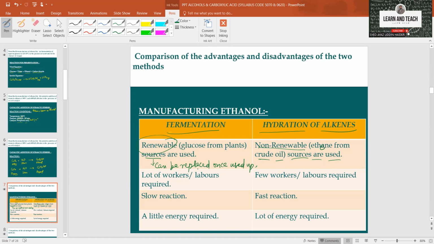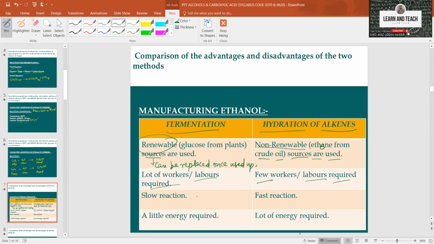So in case of fermentation, you need lots of workers, labor is required, but in hydration of alkenes, you need only few laborers. Fermentation is a slow reaction because it takes at least 1 week. On the other hand, hydration of alkenes is a fast reaction. It will take place at a faster rate. So in case of fermentation, little energy is needed.